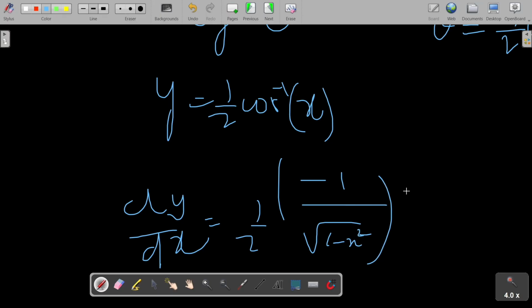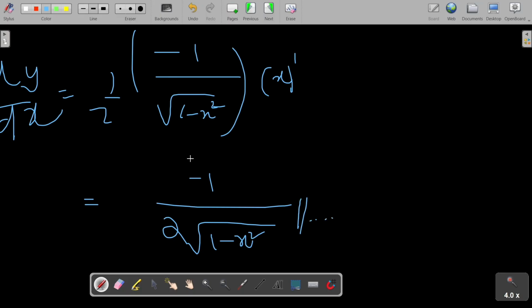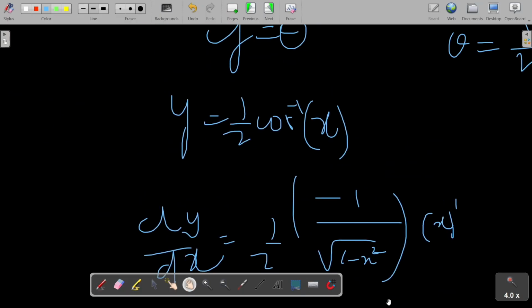I do need to multiply with x prime right here by using the chain rule, but it does not affect anything. So I am left with -1 over 2 times root of 1 minus x squared. This is the solution for this problem.